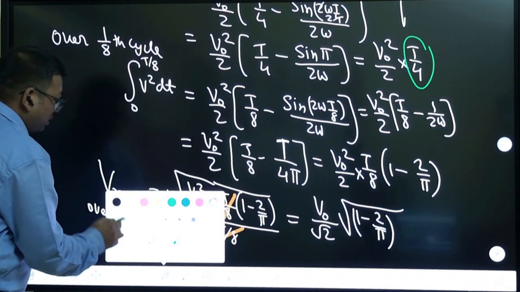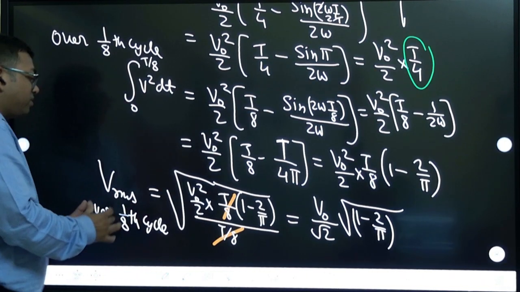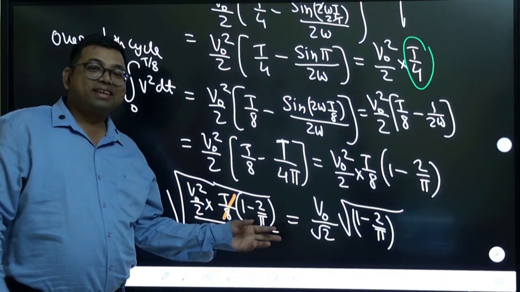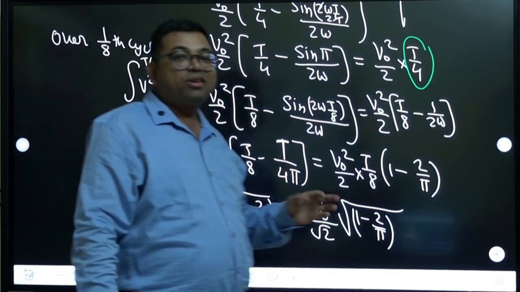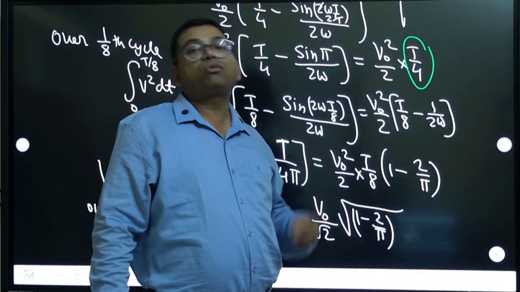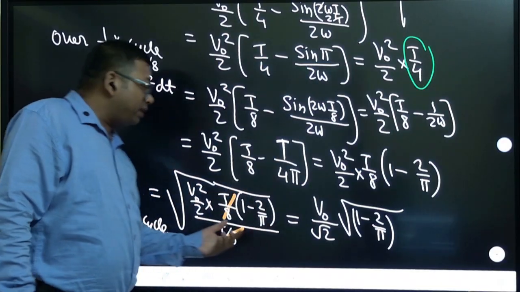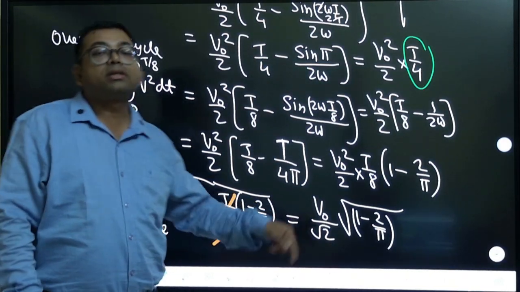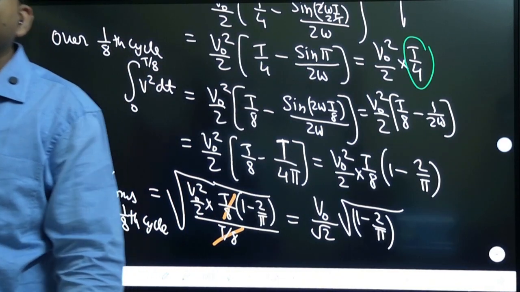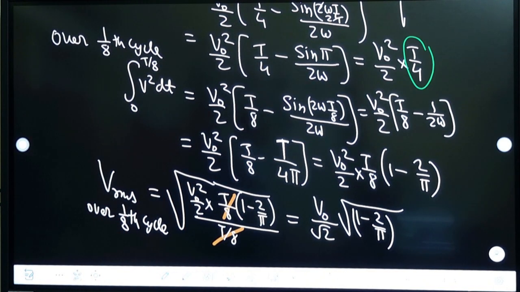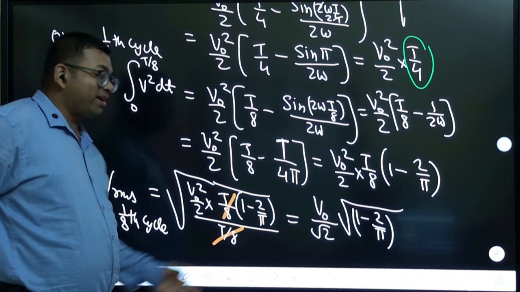So, after doing so much, you are getting this. Otherwise, all formulas are same. Over one cycle, over half cycle, over 1/4 cycle, you get the same RMS value. But when you take 1/8 cycle, then you get this answer. Generally, they don't take RMS over 1/8 cycle.